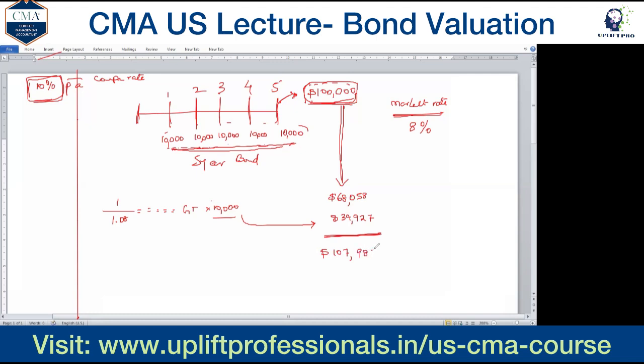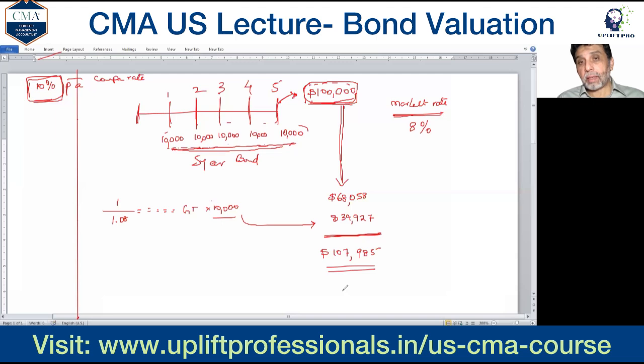This is the value of the bond: the present value of all cash flows discounted at the market rate of interest. And as expected, it is more than 100,000. Why is it more than 100,000? Because its coupon rate is greater than the market rate. You got it, guys?